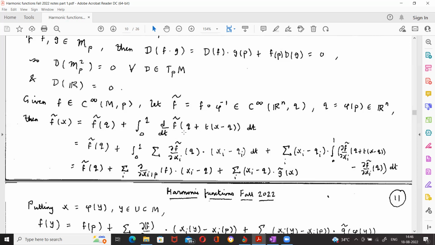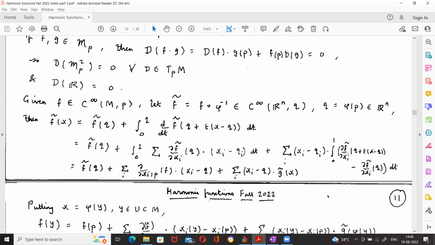Now what I want to do is use the chain rule in this derivative, right? So the chain rule, this is the sum i goes from 1 to n, del xi of f tilde at the point q plus t(x minus q) into xi minus qi. Now, I've skipped a step here.